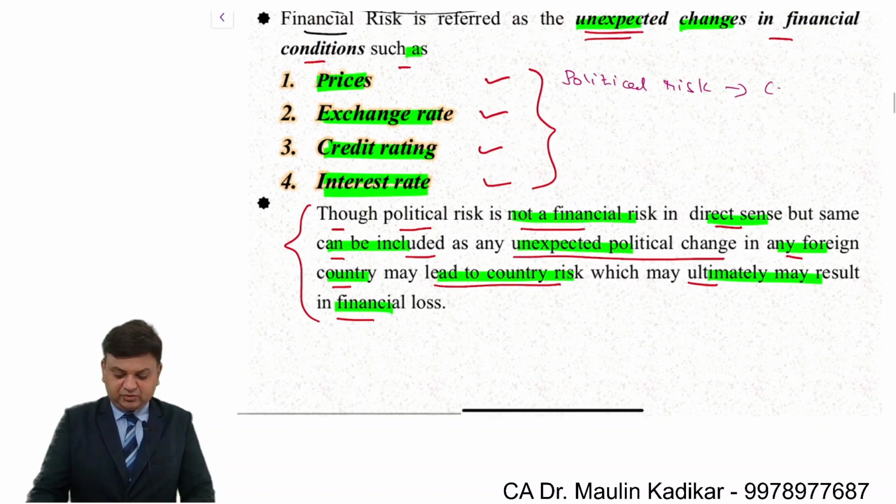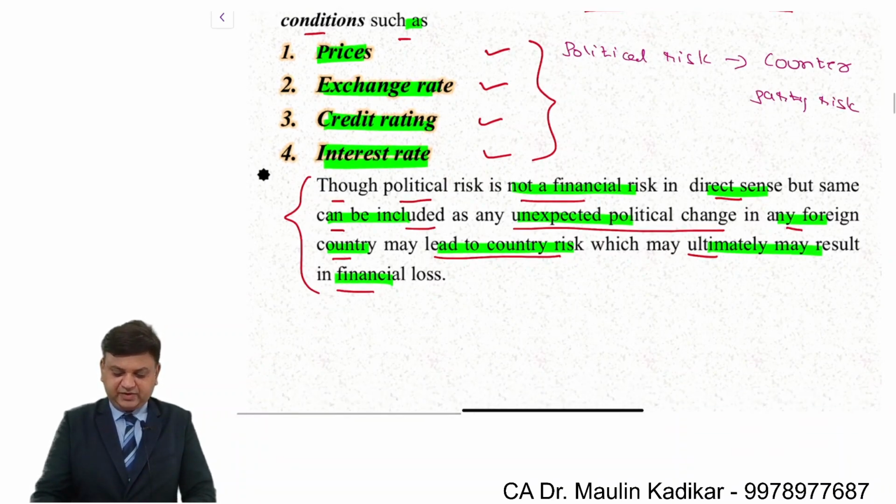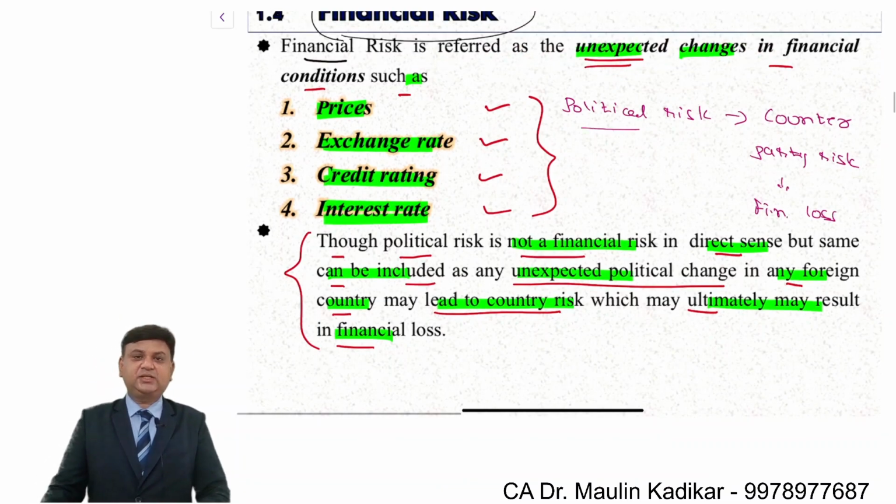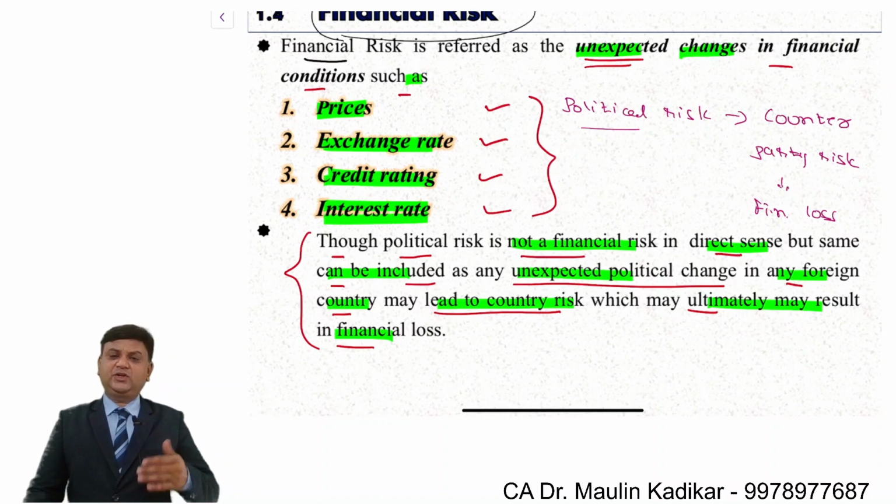With that, there is counterparty risk, and with that, there is a financial loss. As far as political risk is concerned, that is the change in the central government, state government, change in the government policy.